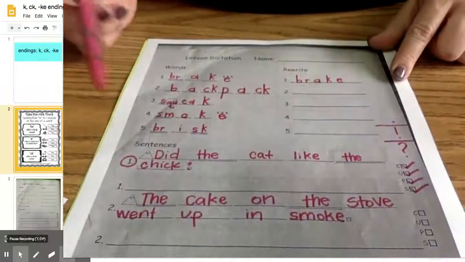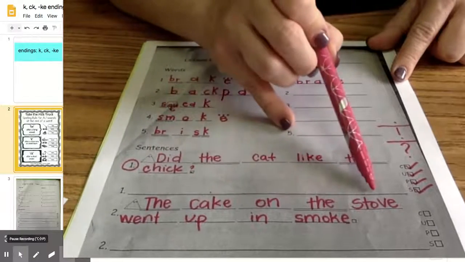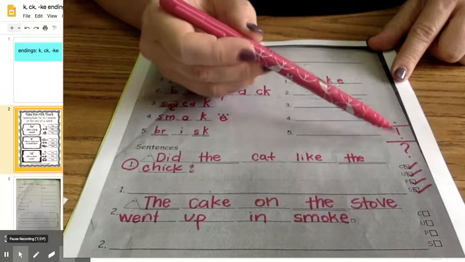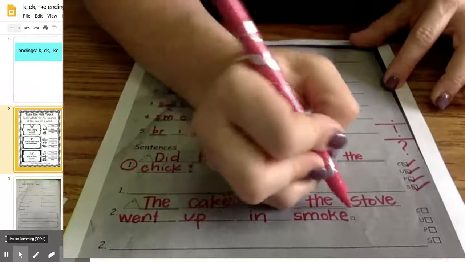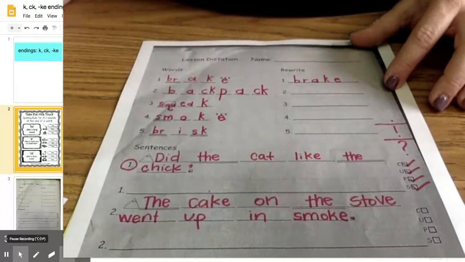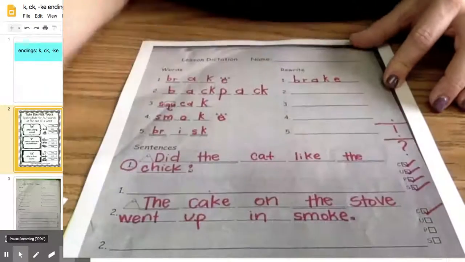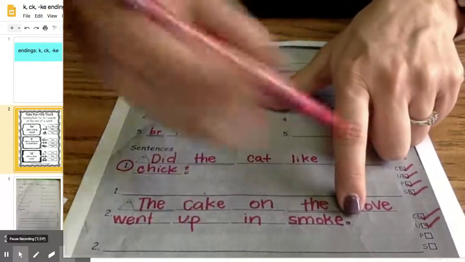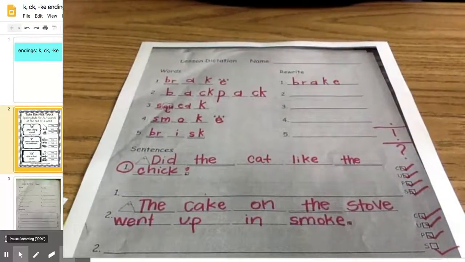All right. Do I need a period, exclamation point, or question mark? Well, it's not a question, and I don't think I'm yelling this, so I'm going to use a period. All right. Do I have a capital at the beginning? Does that make sense? Yes. Punctuation? Yes. Spelling? Yes.